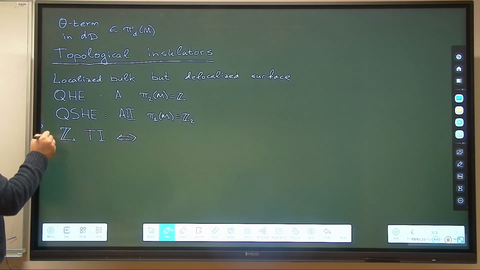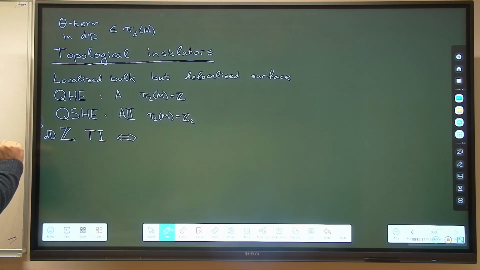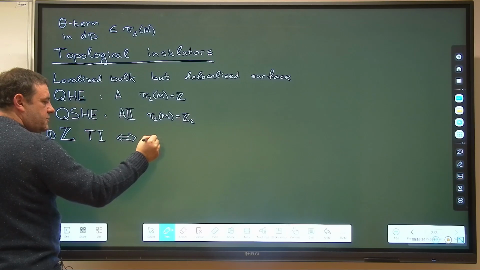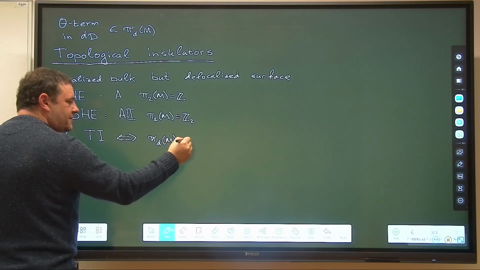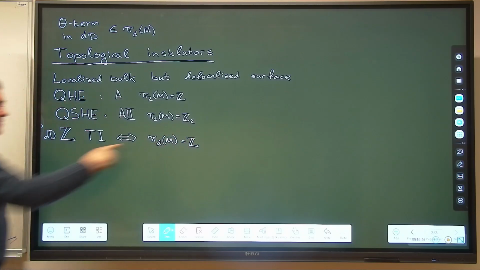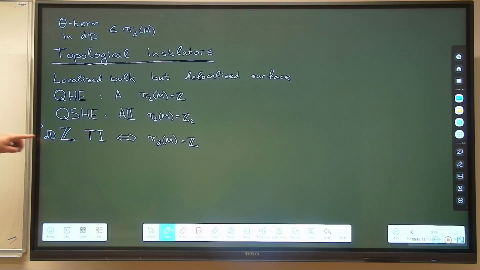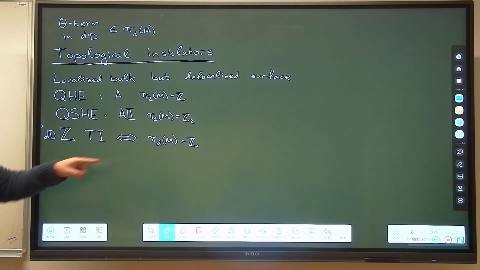Let me put it, that looks a bit scary. A d-dimensional Z topological insulator is possible only if pi d of M equals Z. So whenever you are in dimension d and in that table you see the letter Z, it means that in that class you can create a topologically insulating state.